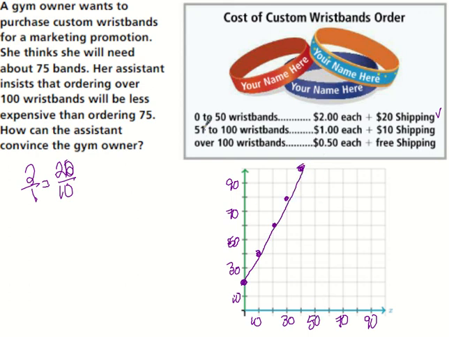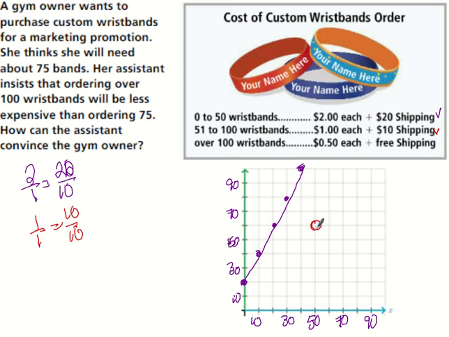So then this one starts at 10, but remember, we can't put that y-intercept on there because it's already been taken over by 0 to 50. We have to get all the way to 50 wristbands first. So if we start at 10, it's 1 over 1, so we can do 10 over 10. So 10, 10, 10, 10, 10, 10, 10, 10. Now I'm at 50.